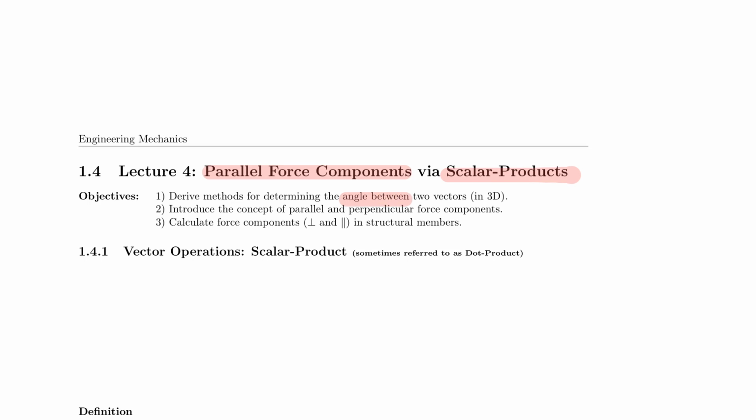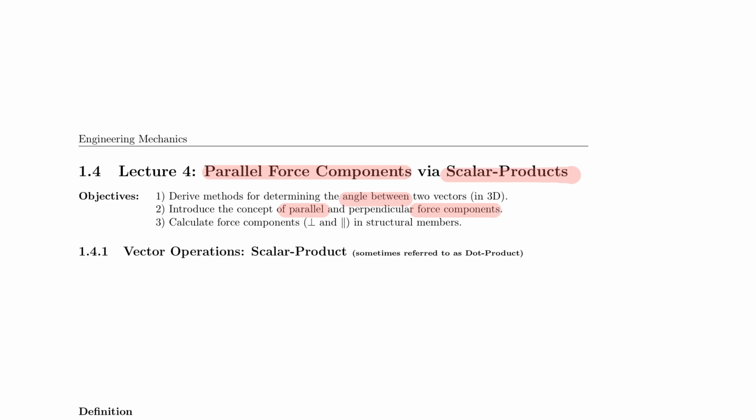That is where we left off our lecture last time when we talked about position vectors, and now we're going to provide a method for analyzing the angle between two position vectors, if you will. We can also use the method that we're going to use today to understand how to calculate parallel force components in structural members.